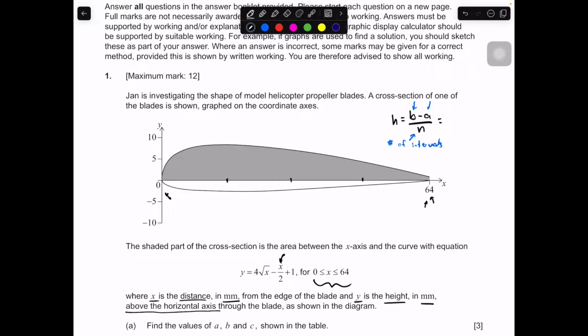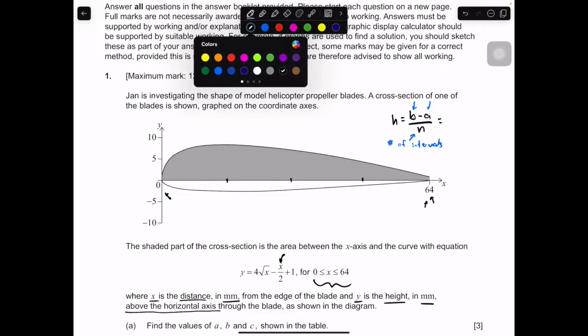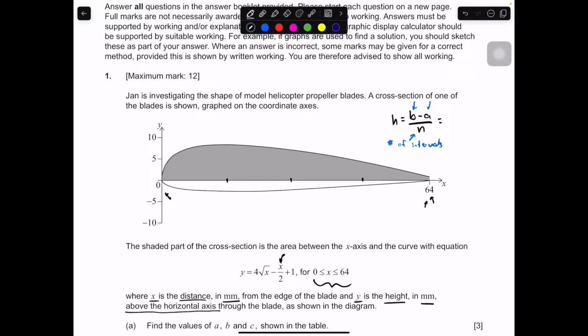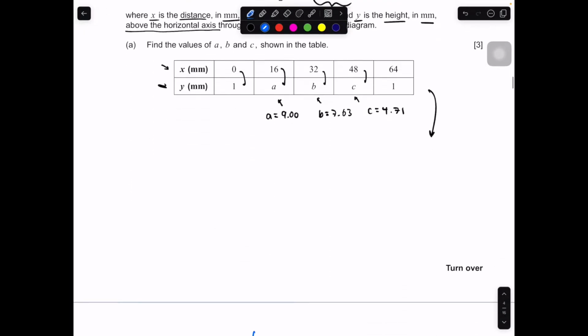What's the total distance that we need to travel? Well, if we're going all the way from 0 to 64, we travel a distance of 64, and we want to break that up into 4 equal intervals. So 64 over 4 is 16. So that means that the size of each of these intervals is 16 each. And that's going to be the value of h that our trapezoid rule takes.